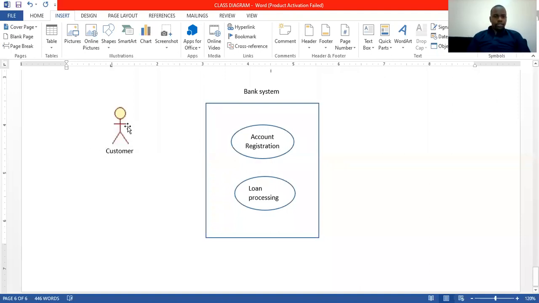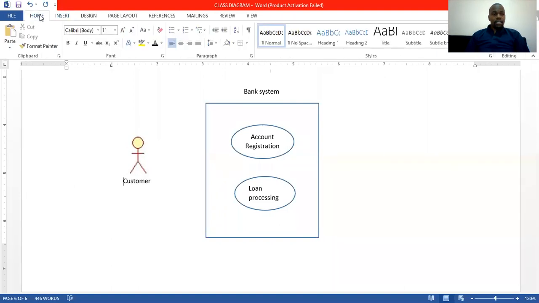Then this customer, let me just put him there. Then you show the different entities in the system that this actor interacts with.